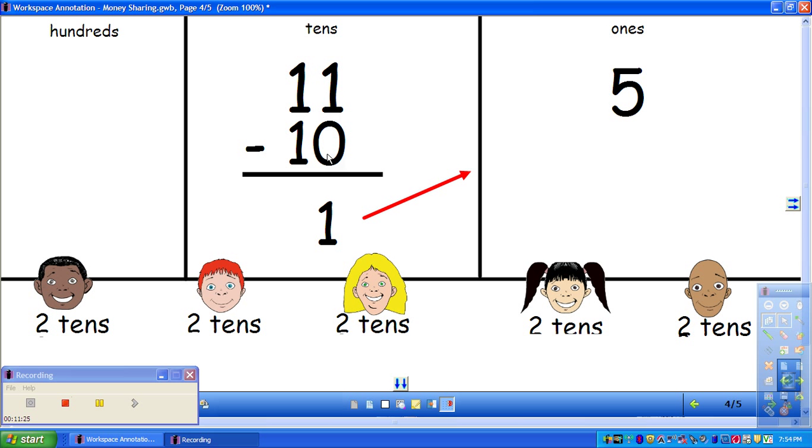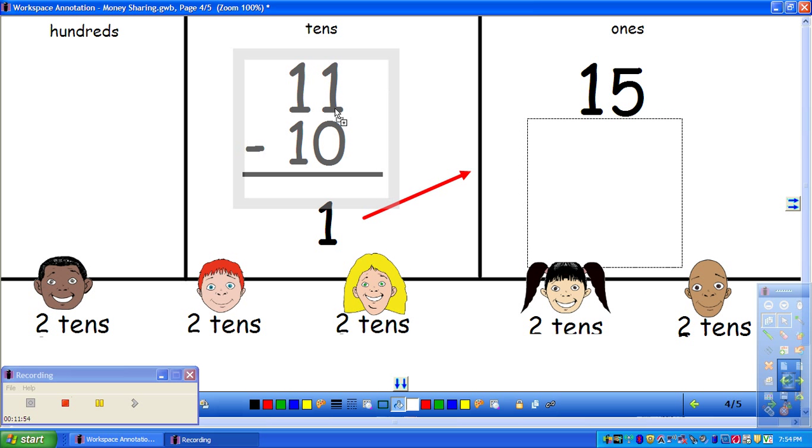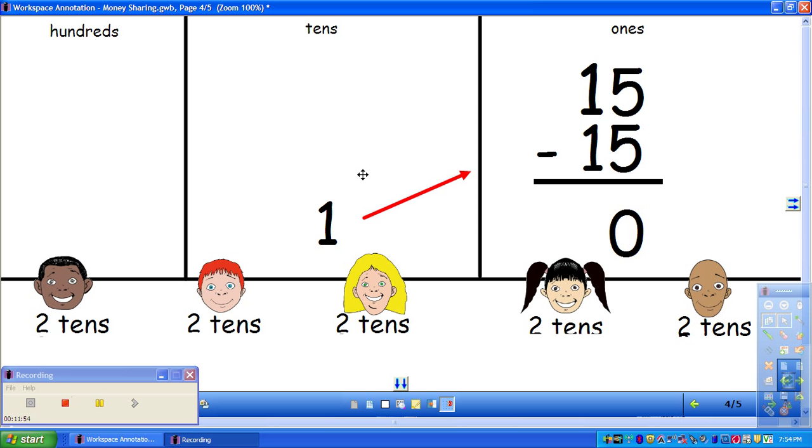So 11 minus 10 leaves me with 1 10 left, and now I need to decompose that 10 because I do not have enough tens left to share. So I'll decompose that 10 into a total of 15 ones, and now we need to share 15 ones with 5 people.